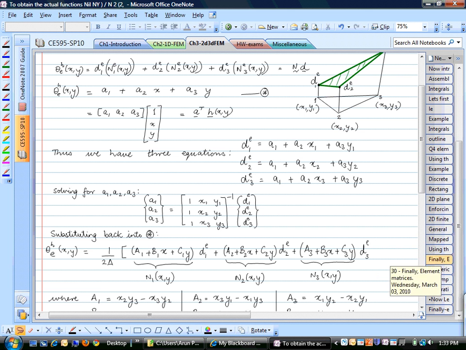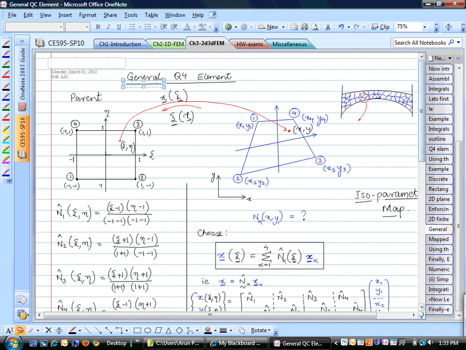All right, so what we were doing last time, we started to take a look at this general Q4 element. We know how to construct our shape functions for a square, which goes from -1 to +1. And what we will do is use this thing called an isoparametric map.